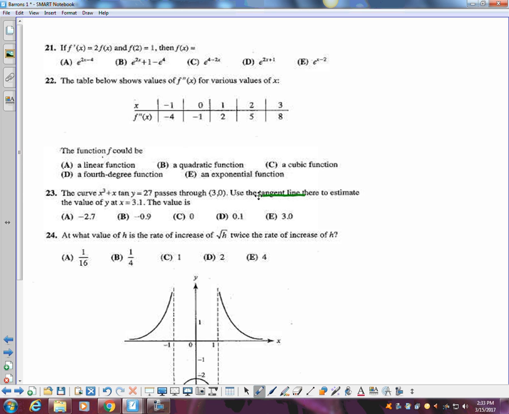I want the tangent line to estimate the value at 3.1. You see this word right here? That's the kicker. Estimate. What on your formula sheet? Yeah. Y'all see it? Okay, what's that formula? F of x plus delta x.